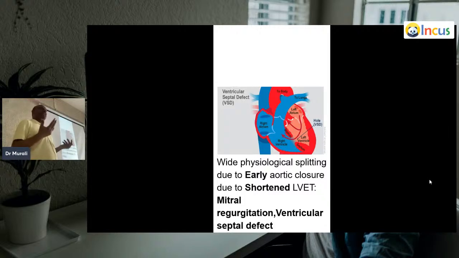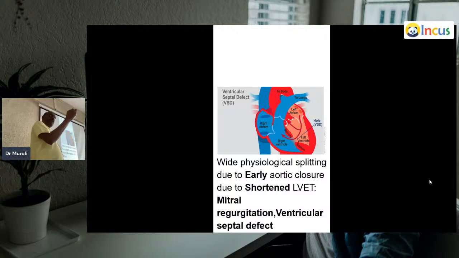Same thing, VSD. In VSD, the flow is from left ventricle to right ventricle. If there is a ventricular septal defect, the blood is flowing from left ventricle into right ventricle. When is it flowing from left ventricle to right ventricle? When the ventricle is undergoing systole.